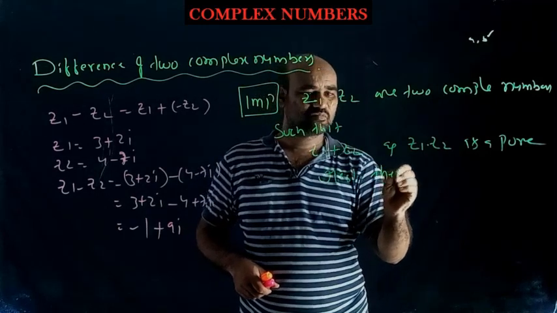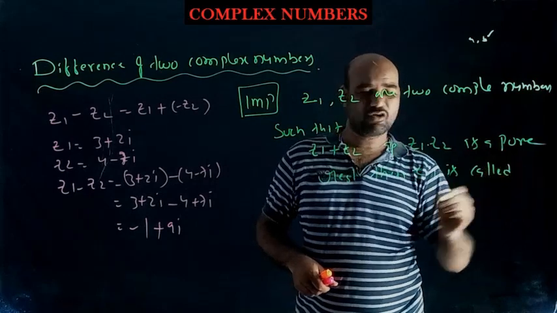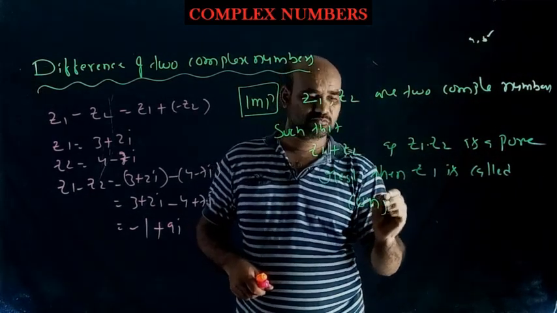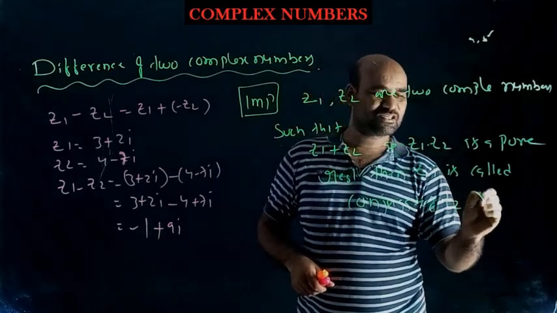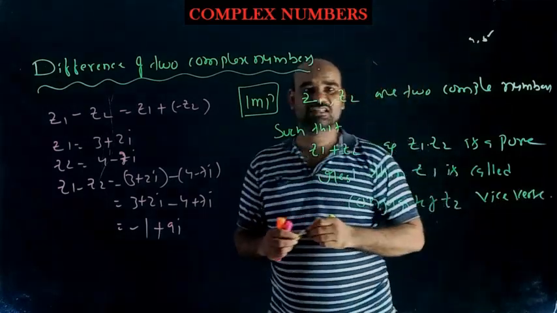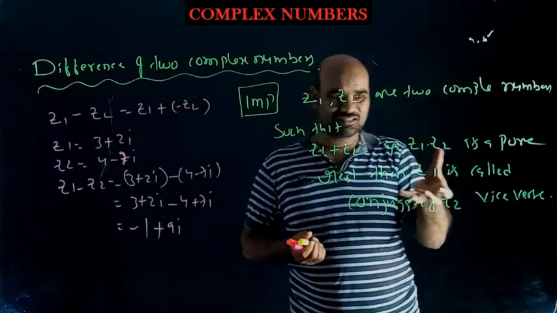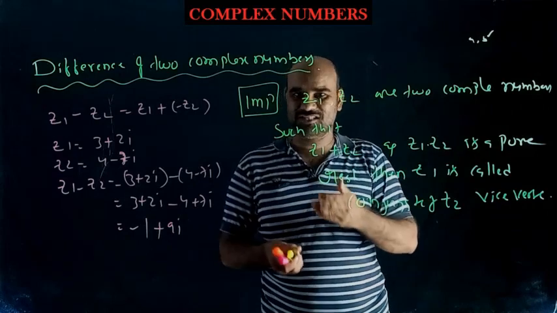Then Z1 is called the conjugate of Z2, and vice versa. Here, important: Z1, Z2 are two complex numbers such that their addition and their product are pure real numbers. Then Z1 and Z2 are called conjugates of each other.